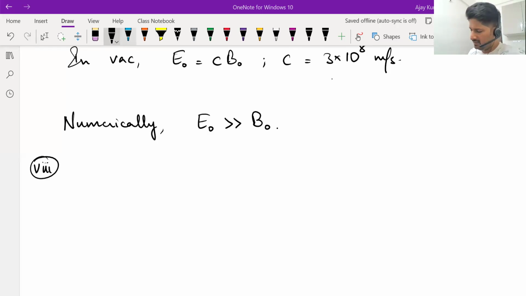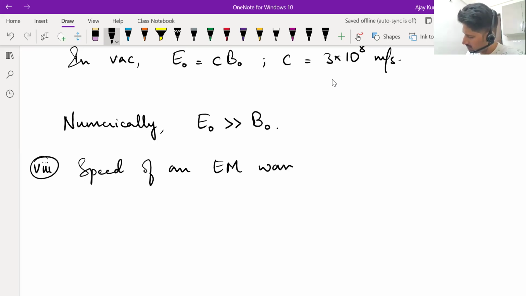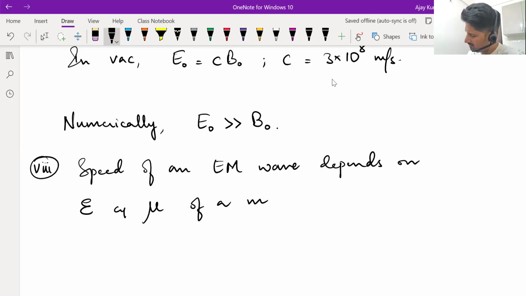Permittivity and permeability. So the speed of an EM wave depends on permittivity and permeability of the medium, in whichever medium you want to find out the speed.